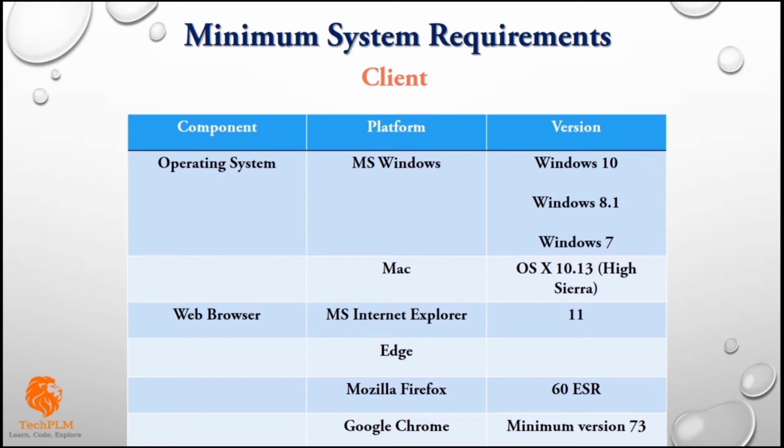For the web browser, Microsoft Internet Explorer, you should have minimum version 11. If you are an Edge user, then you can use any version of Edge. If you are a Mozilla Firefox user, then you should have at least version 60 ESR of Mozilla Firefox. And if you are a Google Chrome user, then you should have minimum version 73 of Google Chrome.